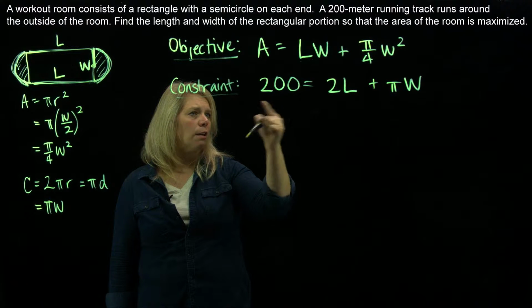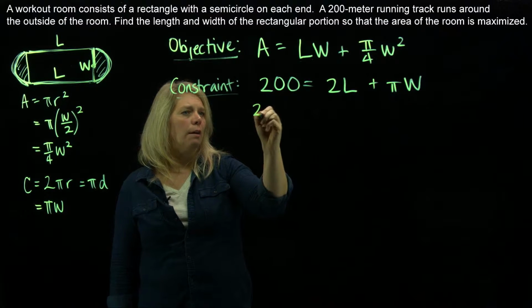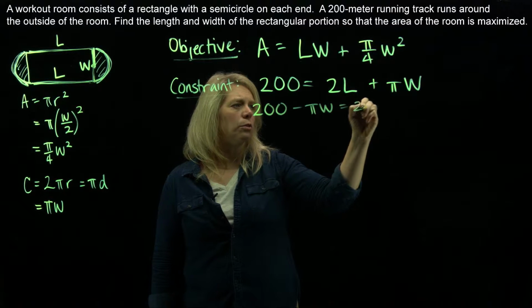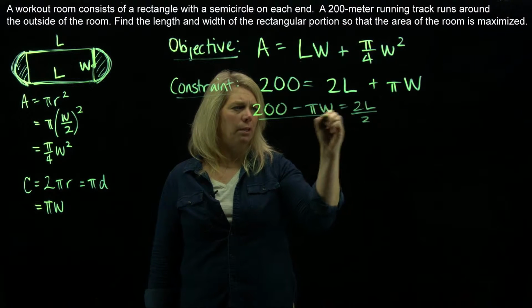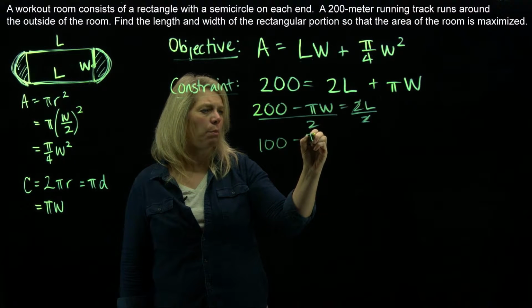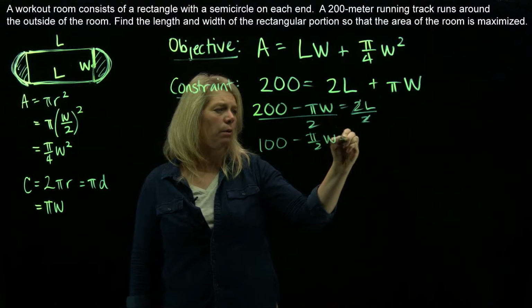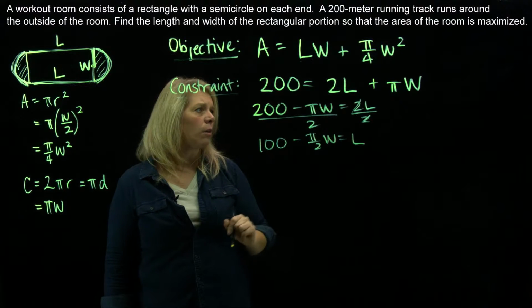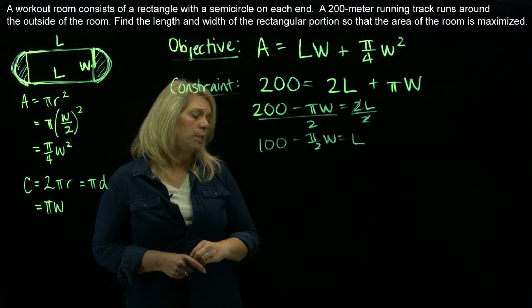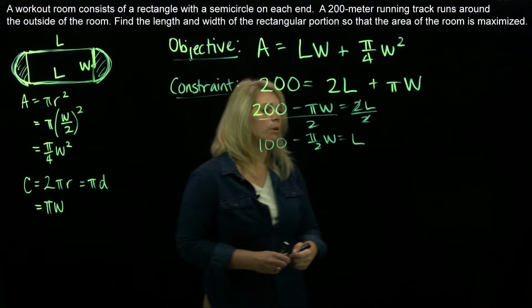All right, so if I solve my constraint for L, I'll have 200 minus pi W equals 2L, and then divide through by my 2. So I'll have 100 minus pi over 2 W equals L. And the goal here was to substitute that into the objective function so that I have an objective function that has just one variable.